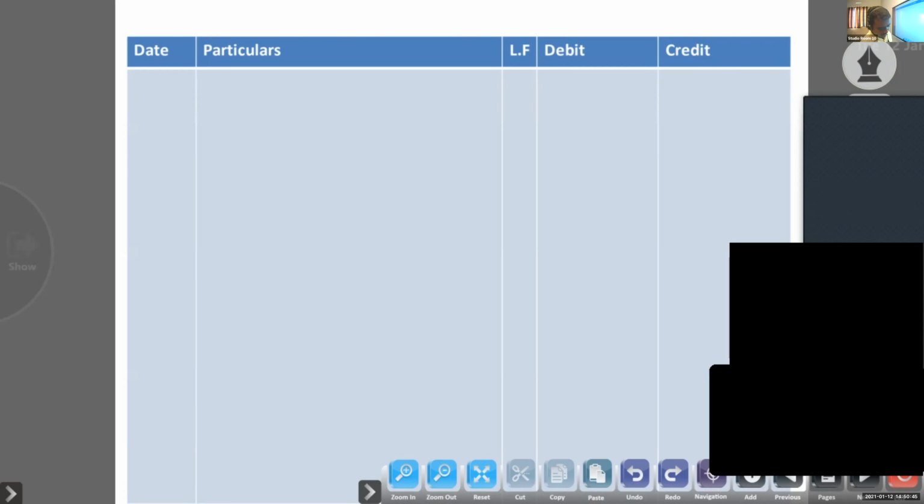Not Kumar, that is Sonal. Sonal retires the bill on 4th March and is allowed a rebate of 12%. Pass journal entries in the books of drawer and drawee. So it is simple.